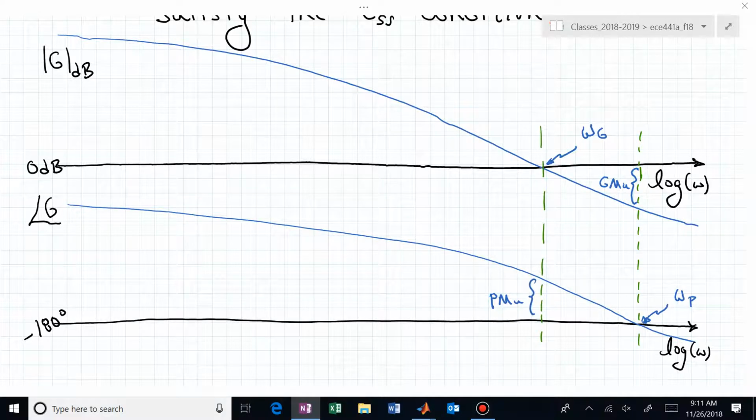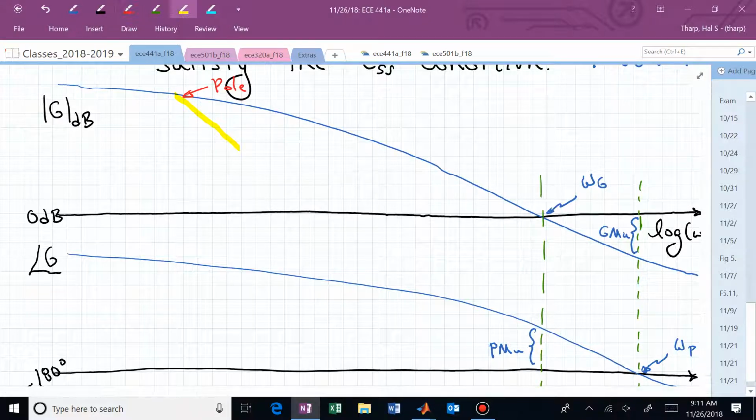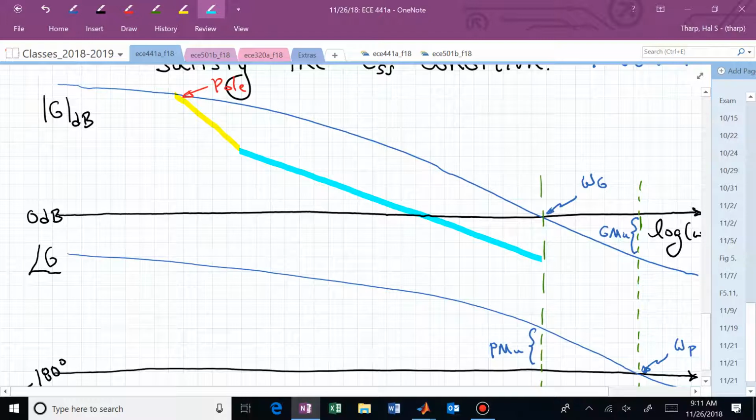Do you see that if I now did the following, suppose I introduce a pole back here, and then I introduce a zero, do you see that I've now done that to my gain curve?